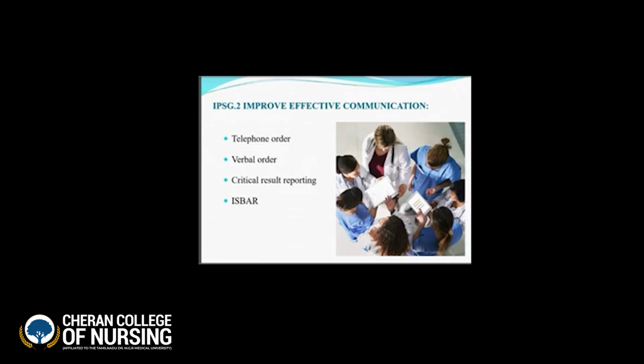So we can discuss the top 5 high alert medications. First is insulin, second narcotics, injectable potassium chloride or phosphate, IV anticoagulants, and sodium chloride solution above 0.9 percent. Okay, so these come under the top 5 high alert medications.